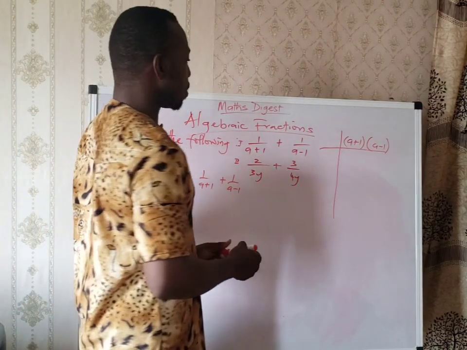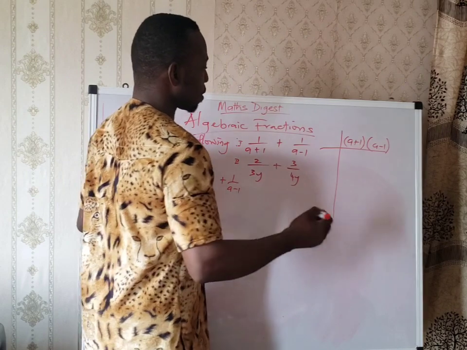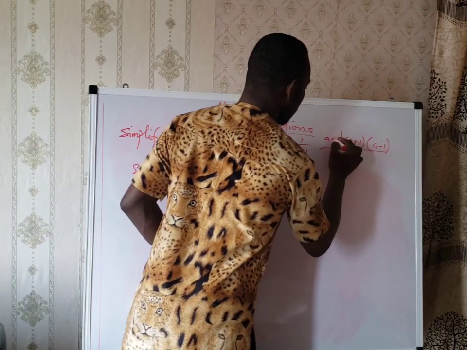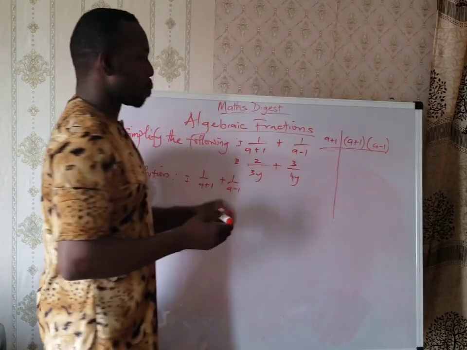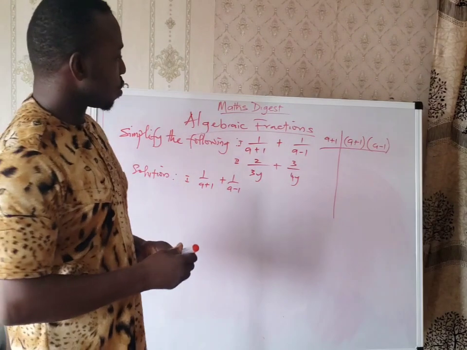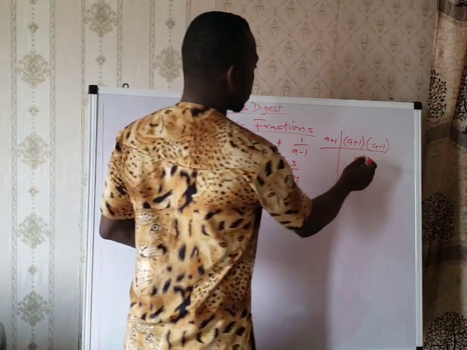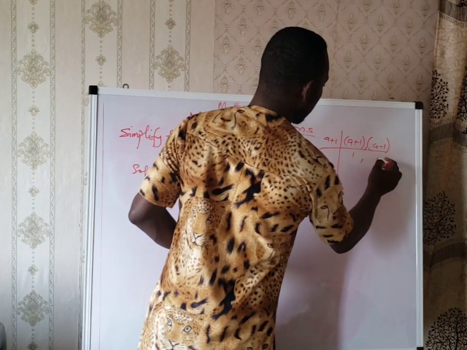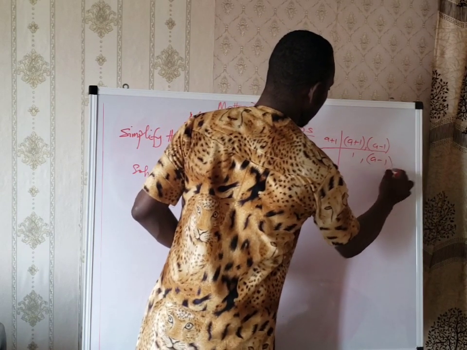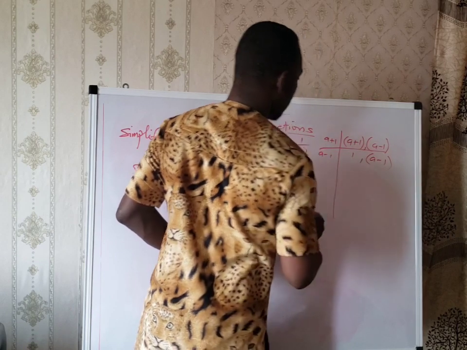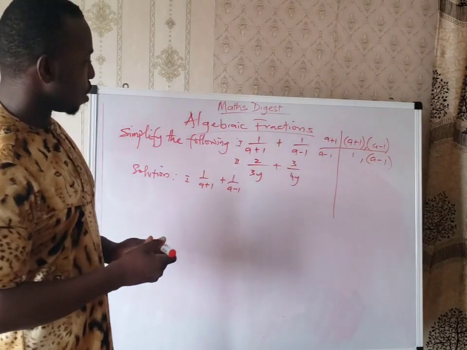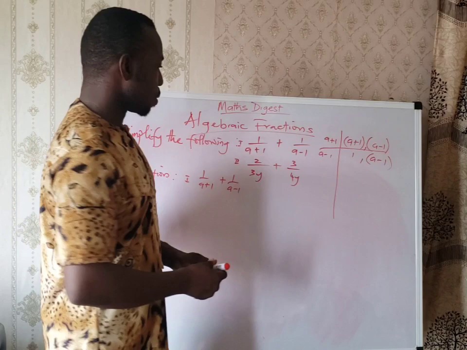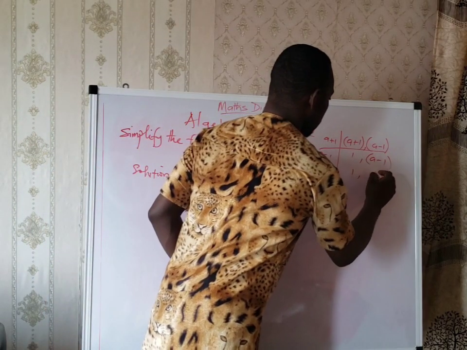Okay? Now, looking at this, we can use a plus 1 to cancel out. This can only go in this. We have 1. Now we go for the other one, which is a minus 1, which will reduce all of them to 1.